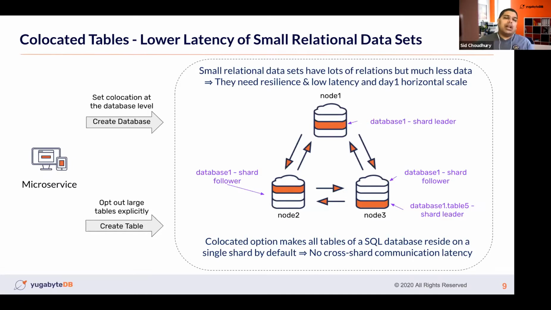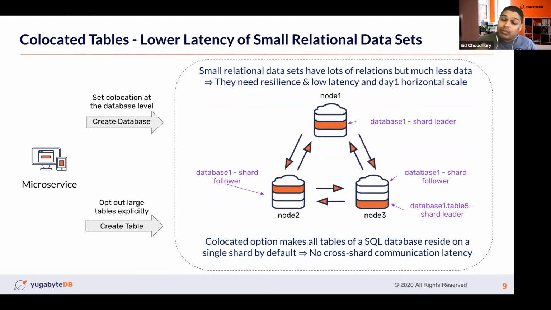So why do we do that? Because we take the network out of the equation when cross table or relations are being accessed. The moment we take the network out of the equation, the latency experience of the workload dramatically changes naturally, because everything is located inside a single node's purview.